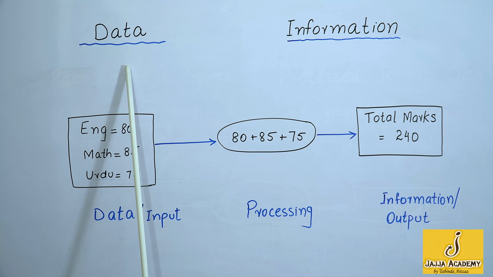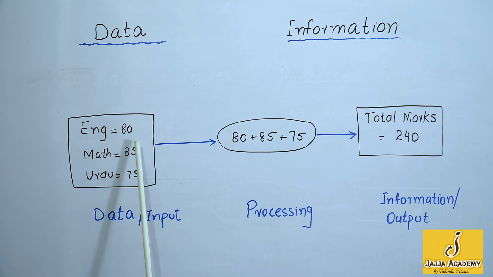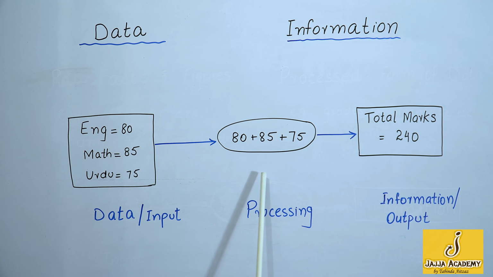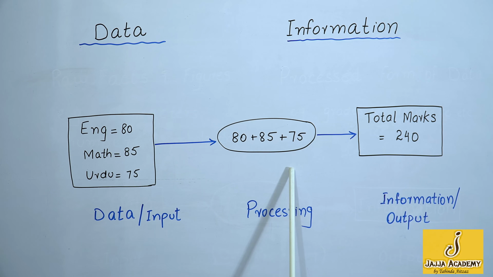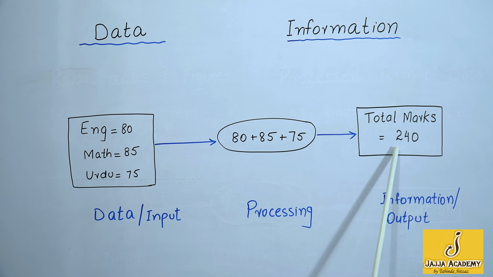Let's differentiate between data and information with the help of an example. These are different marks of a student obtained in different subjects. So this is the data or input which is provided to the computer for processing. In this processing phase, the computer has added these numbers. The operation of addition is performed on these numbers, and resultantly the total marks of the student are obtained as information or output.